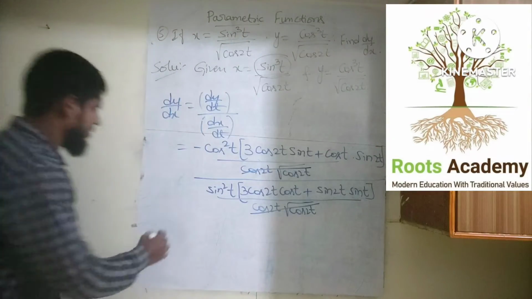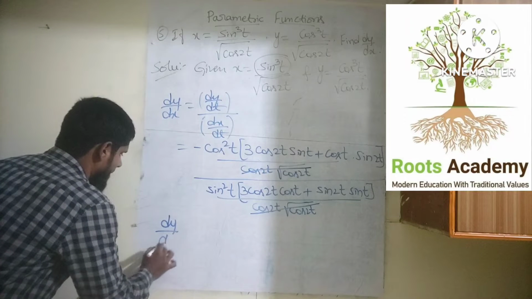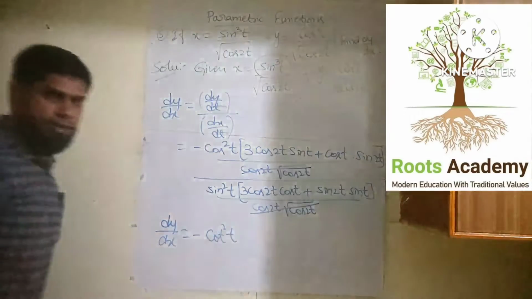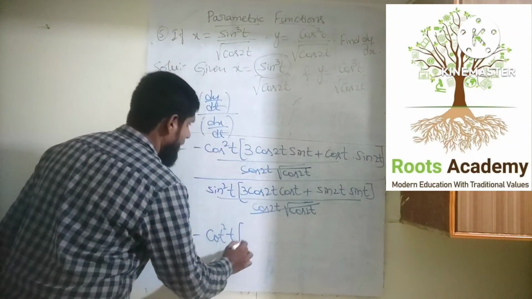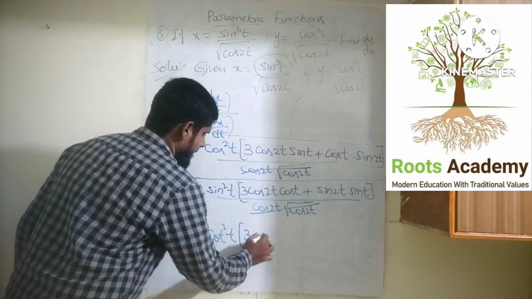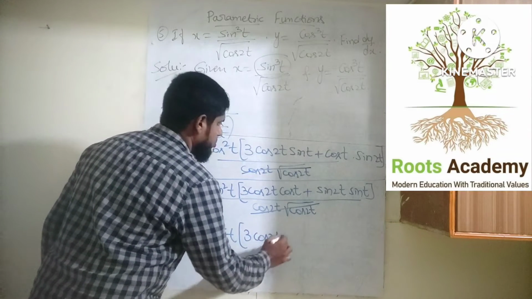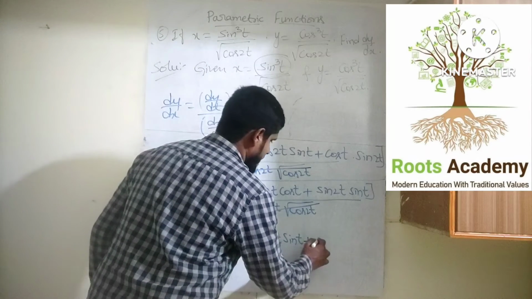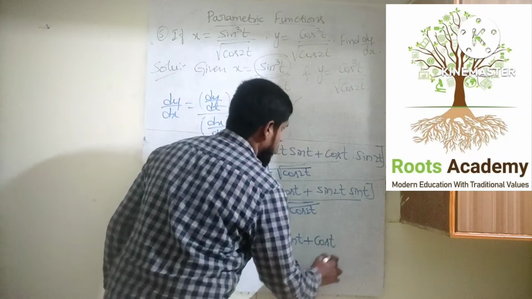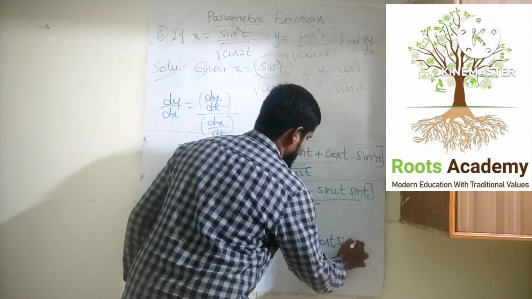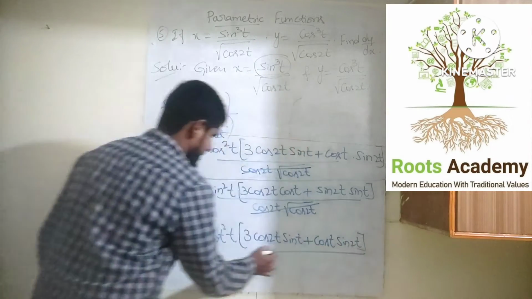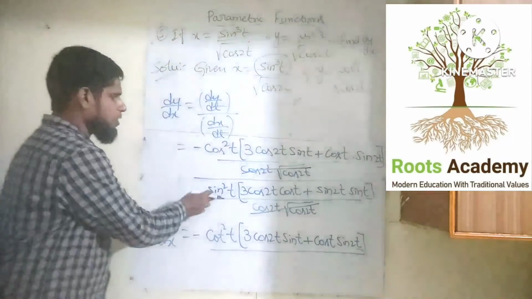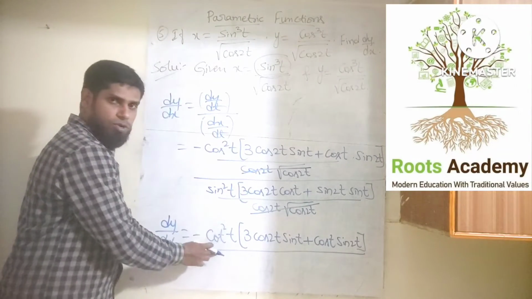dy by dx is equal to minus cot square t into 3 cos 2t into sin t plus cos t into sin 2t, divided by... this sin square already taken with cos square, then only I got cot.